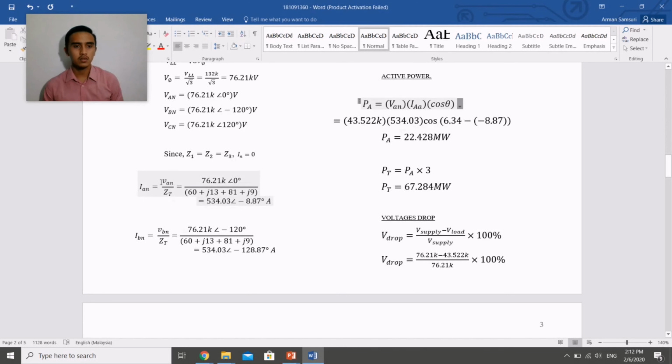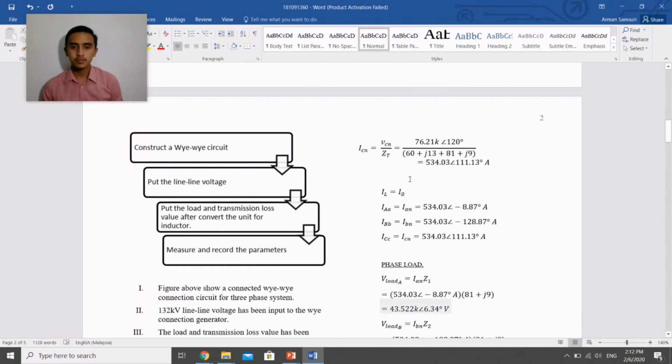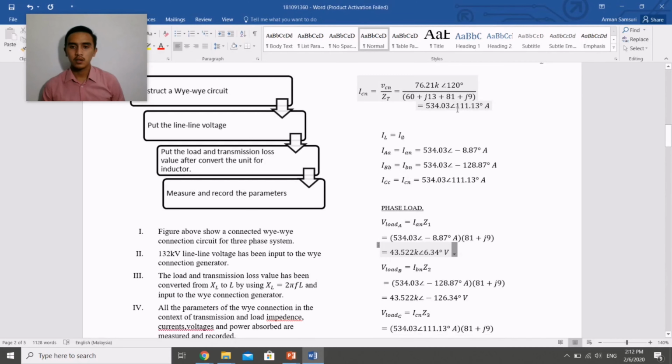For IAN, I could use this formula, VAN over ZT, the total. So I got 534.03 ampere at negative 8.87 degrees. For IBN, I got the same value, but the angle is negative 120.87 degrees. And for ICN, the angle is 111.13 degrees.